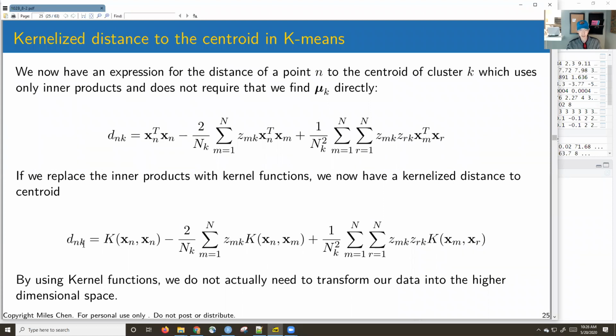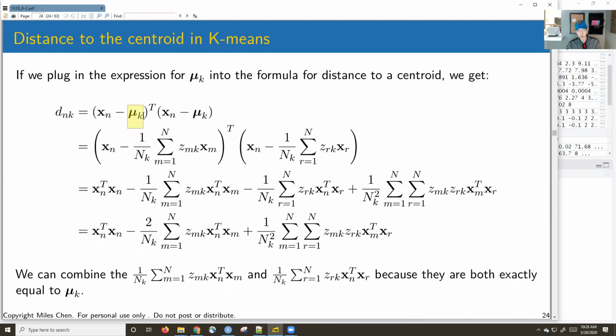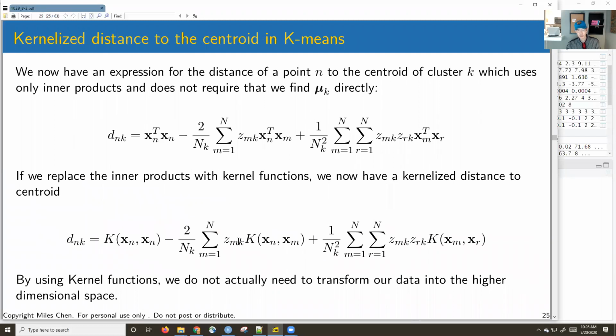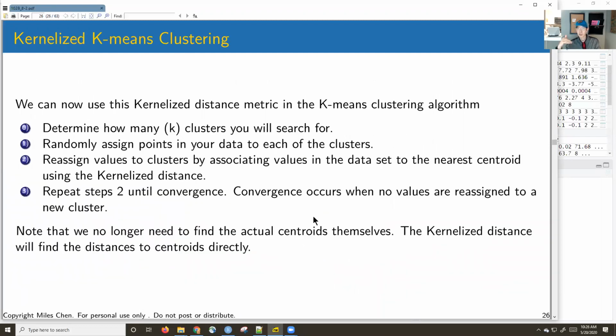We're going to calculate the distance to the centroid without even calculating the centroid. Without even calculating what mu sub k is, we're able to calculate the distances just using the assignments. We've got the x values and the assignments in z. So just using the assignments and the x values, we can calculate the distance to the centroids and reassign them directly.